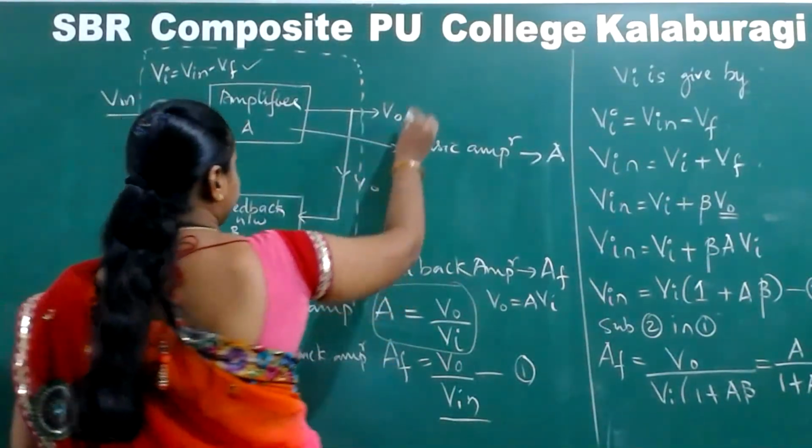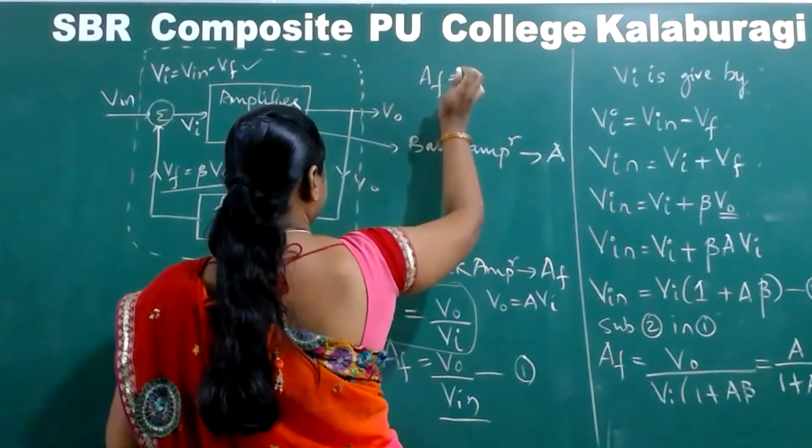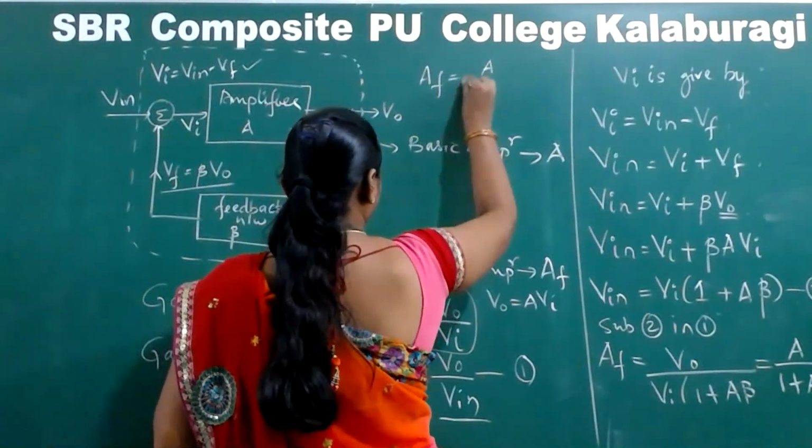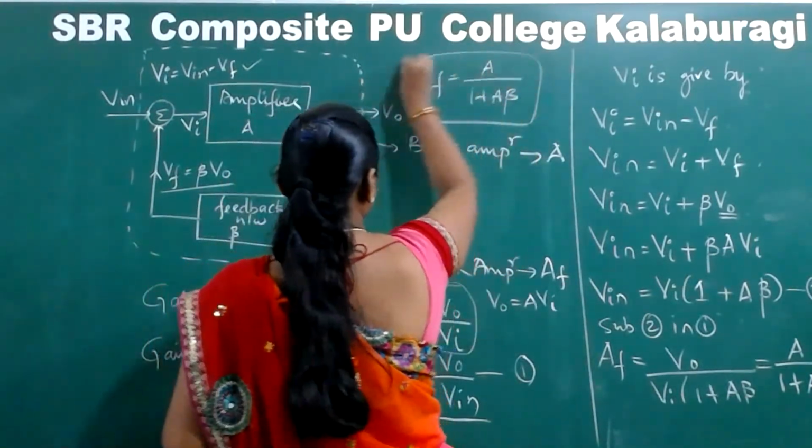So the final expression that we got for AF, the gain of the feedback amplifier, is equal to A by 1 plus A beta.